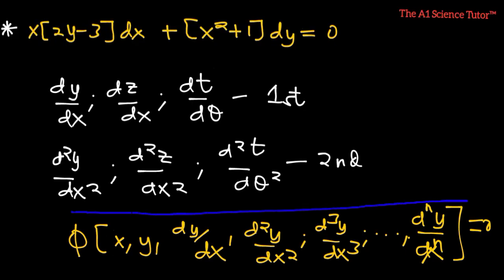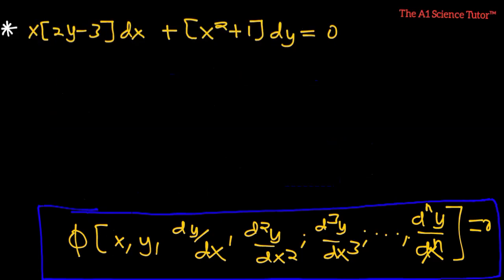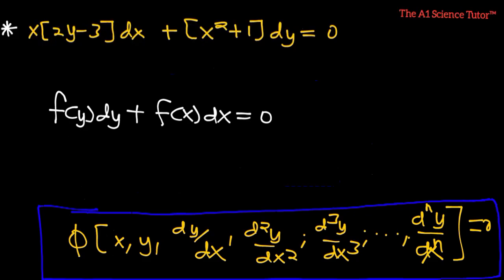If you have such a form of expression or equation and you are asked to find the solution to that, then it can only be solved if you are able to reduce it or resolve it into this form, such that you would have a function in terms of y dy plus f of x dx, and this is equal to 0.